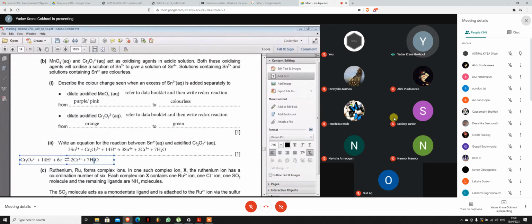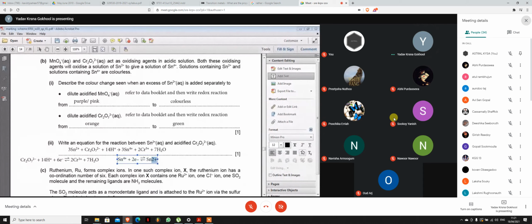So what I have to do, I have to look for the equations where I have Sn2+ and Sn4+. Okay, so these are the equations for Sn2+ and Sn4+. Now, secondly, I have to understand that when the chromium is in the +6 oxidation state, it is orange.